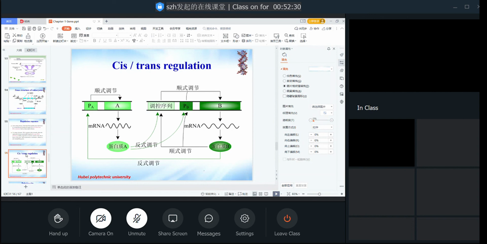Protein A acts on gene B's promoter, gene B's regulatory sequence, and produces the function. It is the trans-acting factor. Certainly, you can say protein B also can trans-act on protein A, or gene A.